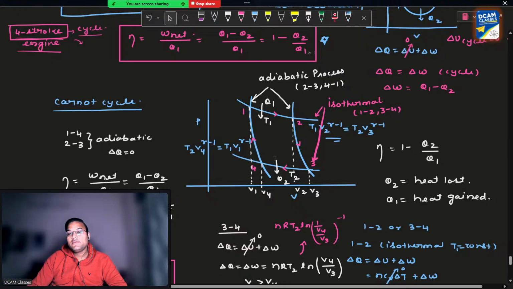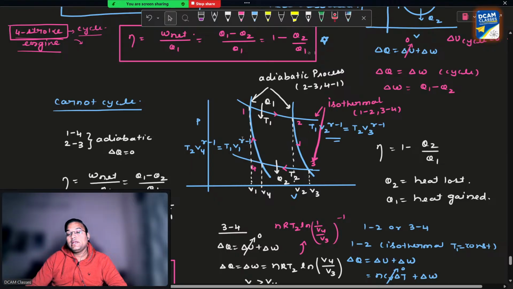Now finding out the efficiency. The first question that I asked Kanishka in that class, the same question I'll ask you also. You know the four processes and you have learned about these processes also. The processes 4 to 1 and 2 to 3 are adiabatic, so no heat exchange takes place.